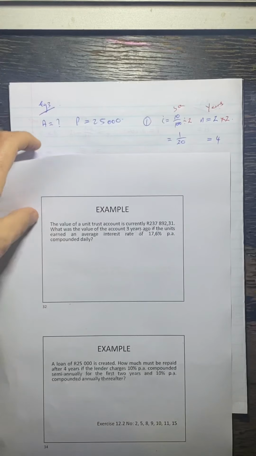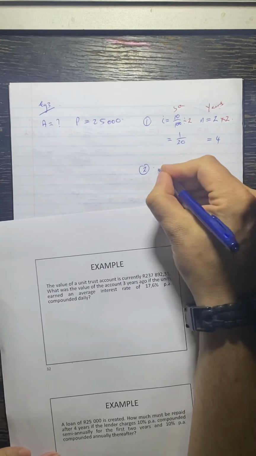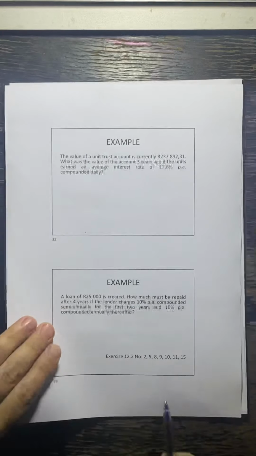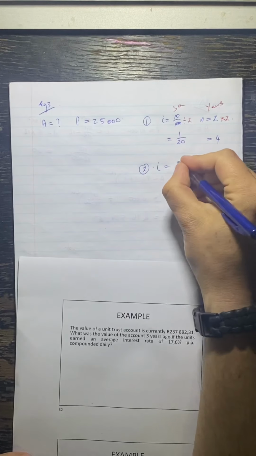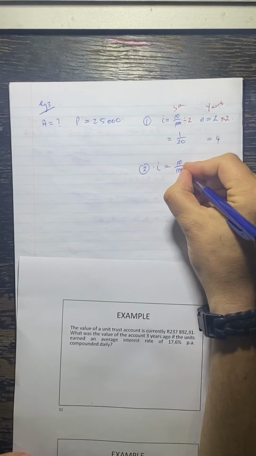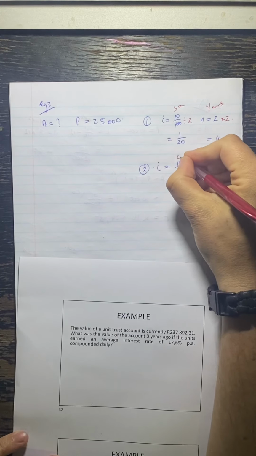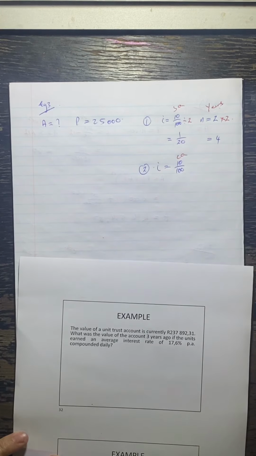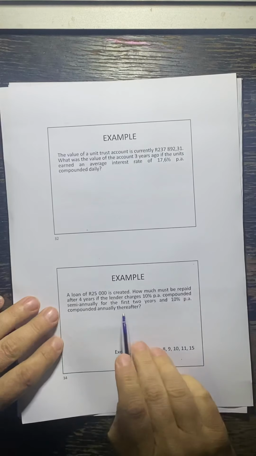Okay, now there's a change in our interest. So scenario 2, where they told us now that it's 10% per annum compounded annually. Okay, so this is 10%. And this is compounded annually. And our n is equal to, it has to be for another 2 years because it's a total of 4 years.